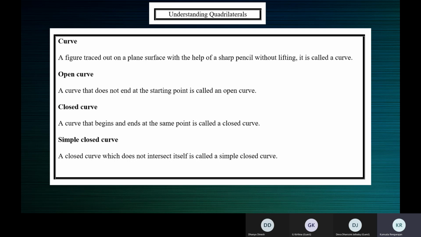Your end point is a different place. So if the starting point and the ending point are different, it is an open curve.